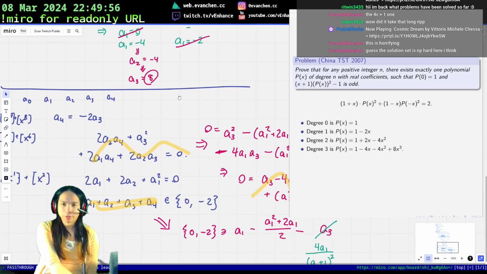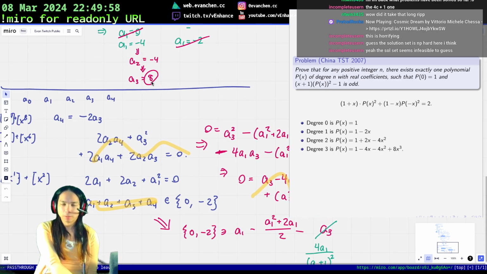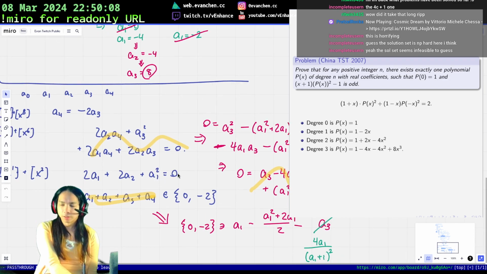Okay, the way you can debug it is I should be plugging in the previous polynomial, and then ignoring A4, because A4 only shows up in one place. So I can debug my work by plugging in -4 plus 8 and seeing if it works, which it doesn't. So something here went wrong.